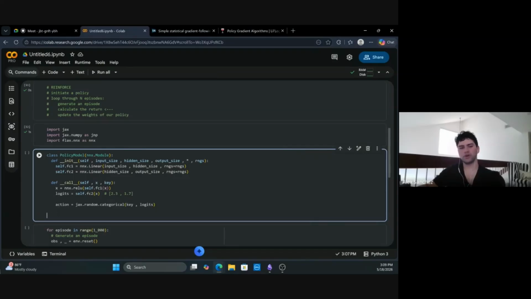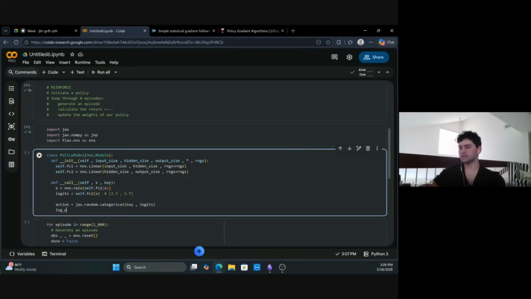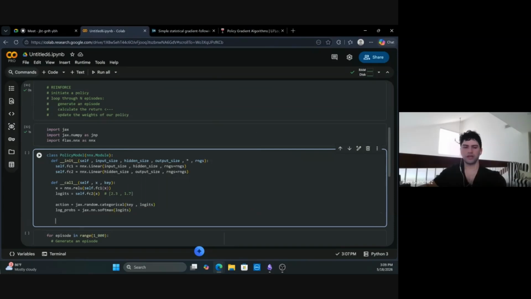And we're also going to get, very important, the log probability. This is going to be important for our loss function later on. So we have our action and our log probability, and we're going to return our action and the probability that this action was taken.